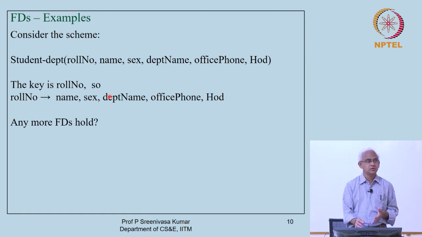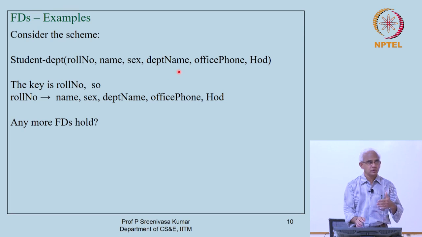Can you see something happening like that in this set: roll number, name, sex, department name, office phone and HOD? Particularly, let us look at department name.